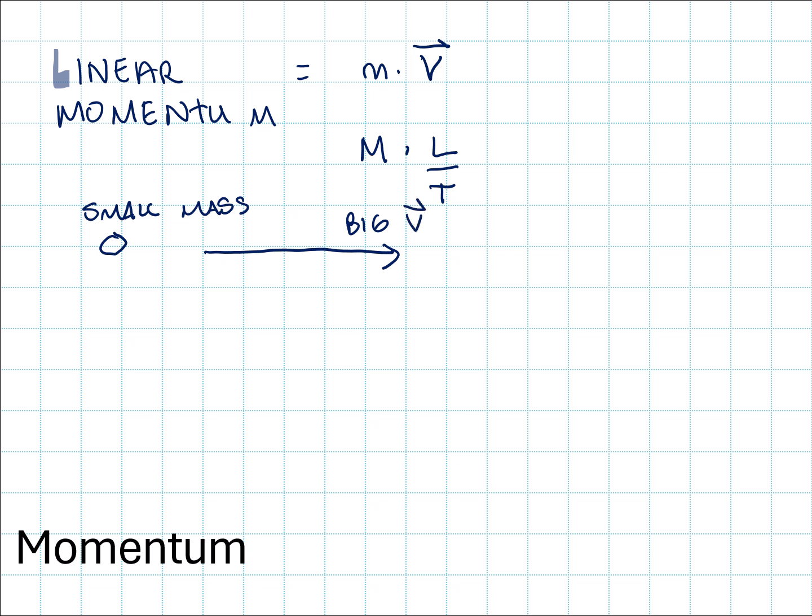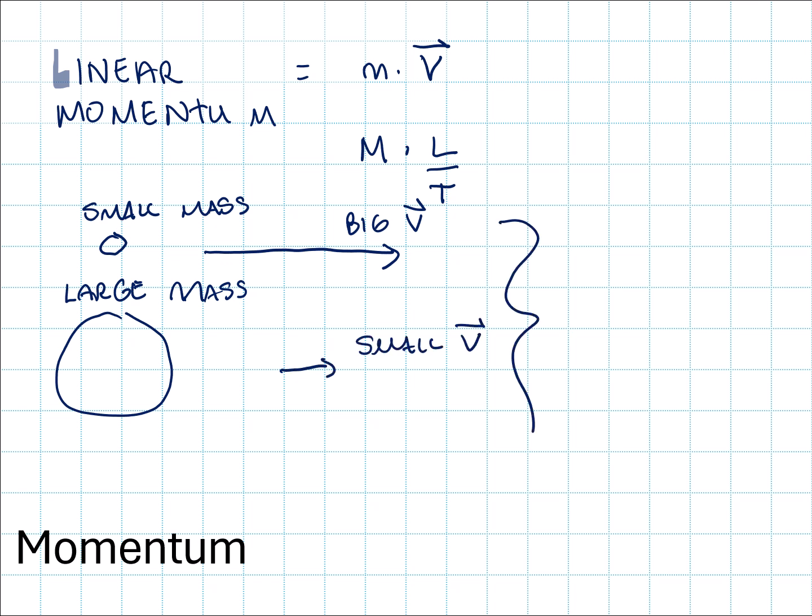Right, so if I've got my small mass moving at great speed, and then I've got my large mass moving at a small speed, these two things could actually have equivalent momentum.